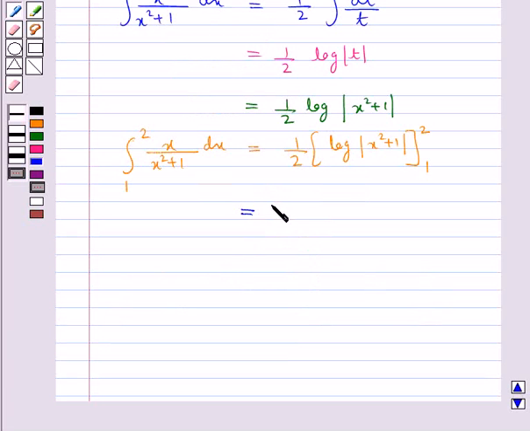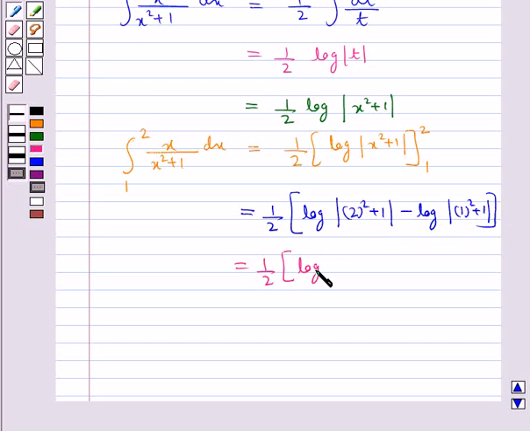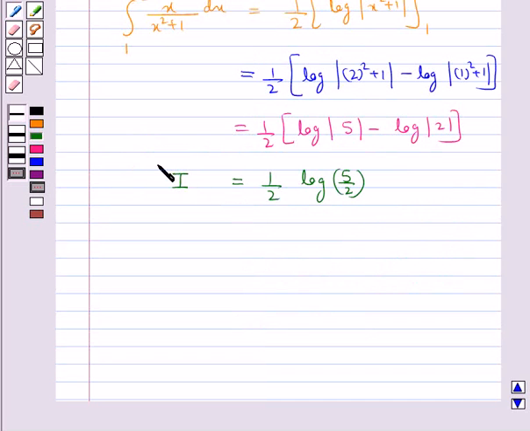This would be equal to 1 upon 2 times log modulus of 2 square plus 1 minus log modulus of 1 square plus 1, which is equal to 1 upon 2 times log modulus 5 minus log modulus 2. This is equal to 1 upon 2 log 5 upon 2. This is the value for the given integral I.